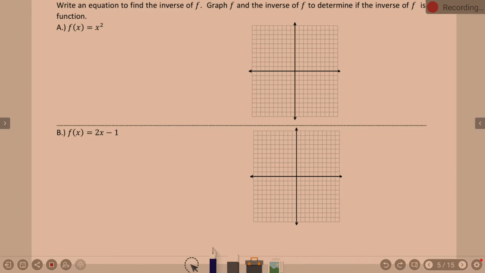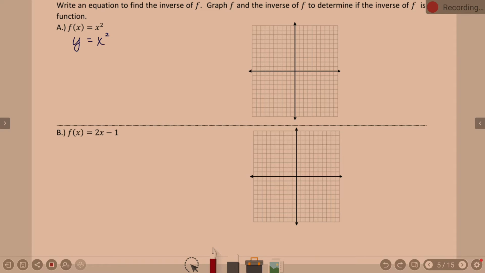Remember, guys, when you see f of x, g of x, h of x, any of those function notations, those are replacements for y. So realize when you see f of x equals x squared, that's the same thing as saying y equals x squared. So now, in order to find my inverse, take x and y and switch.